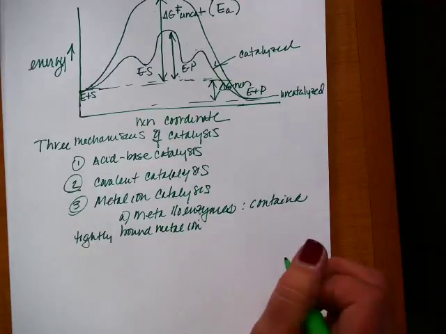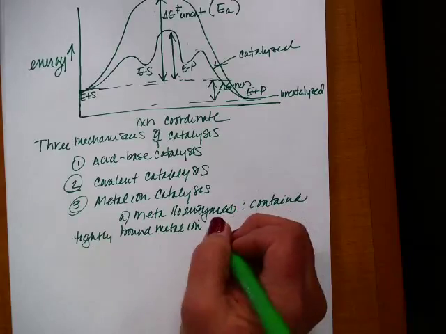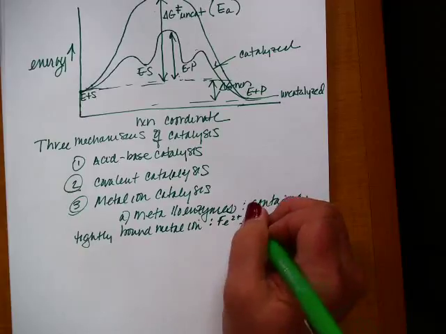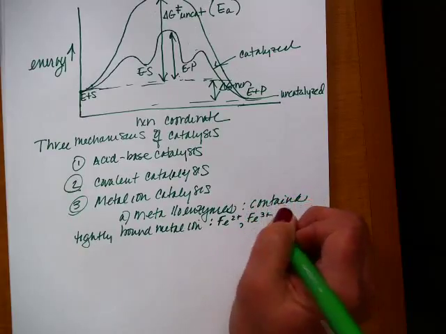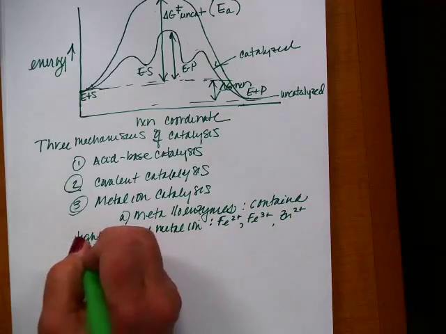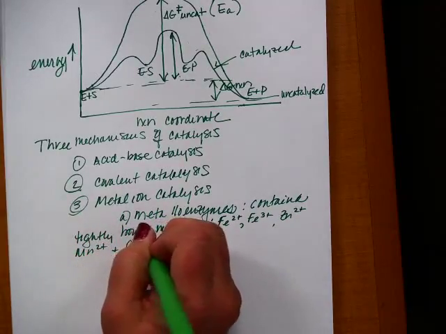So they're always present and part of that enzyme. Some of the ions that we'll see in these metalloenzymes are Fe2+, Fe3+, zinc 2+, manganese 2+, and cobalt.